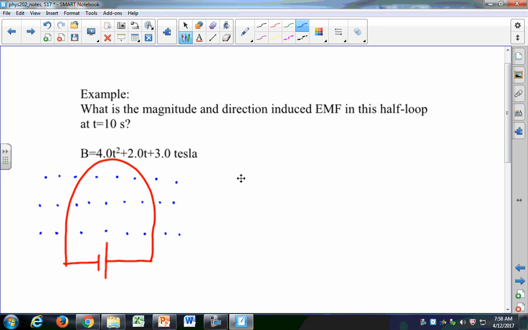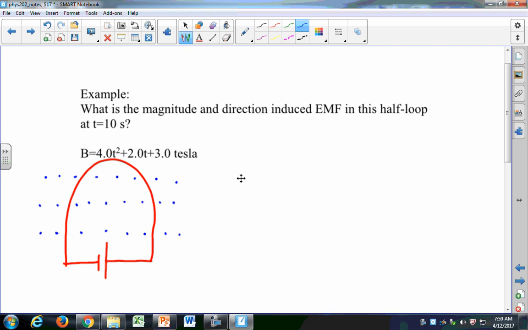We can change the area of the loop, or we can change the angle between the loop and the magnetic field. Y'all remember the most common, like in generators? Right, the angle. This gets back to my EMF is equal to the negative of d phi dt, and that phi is the magnetic field times the area. It's actually the dot product, so it's BA cosine theta.